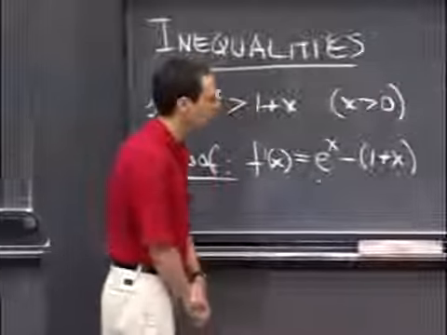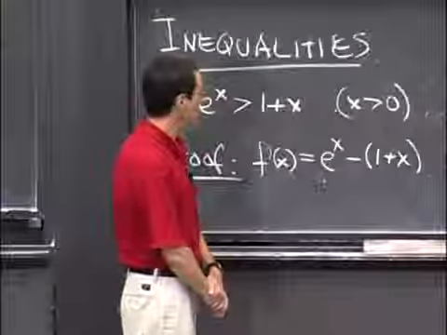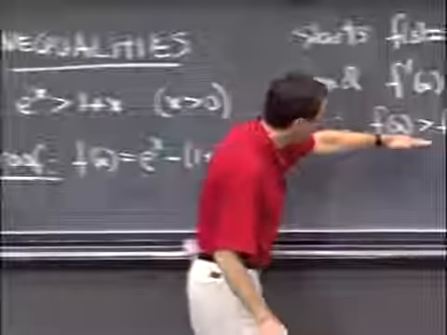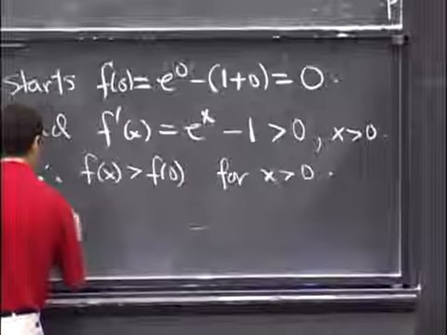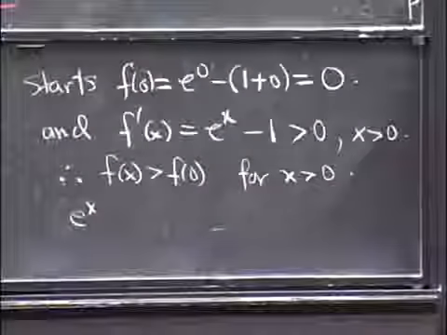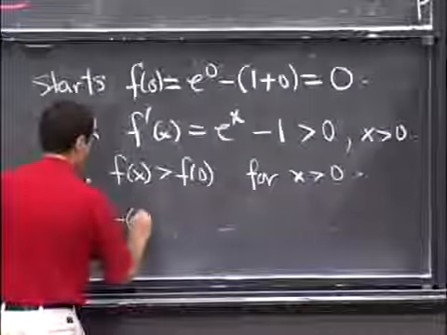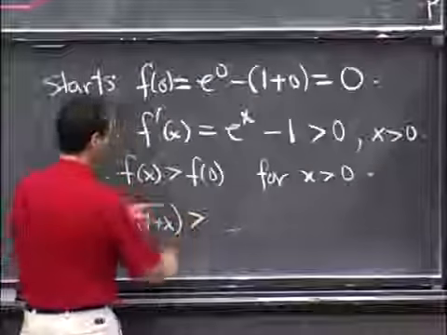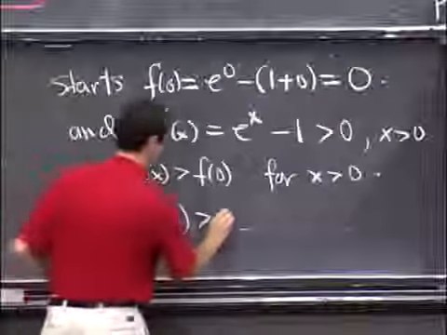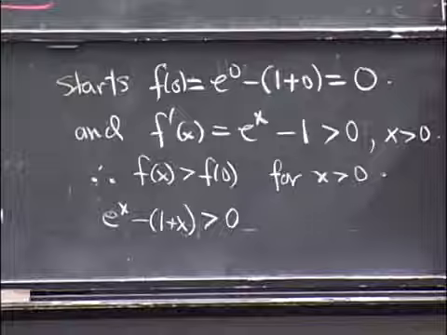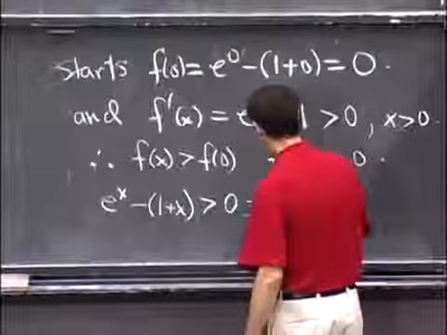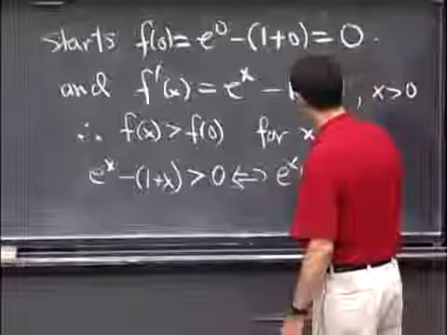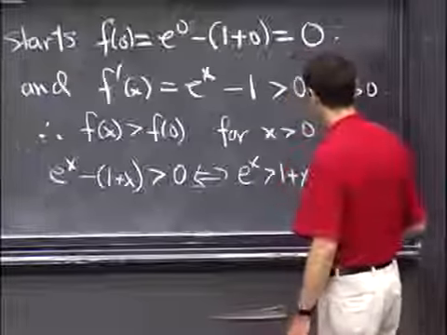So this is true. Now, all I have to do is read what this inequality says. What it says is that e^x, just plug in for f(x), minus (1 plus x) is greater than the starting value, which was 0. And now I put the thing that's negative on the other side, so that's the same thing as e^x is bigger than 1 plus x.